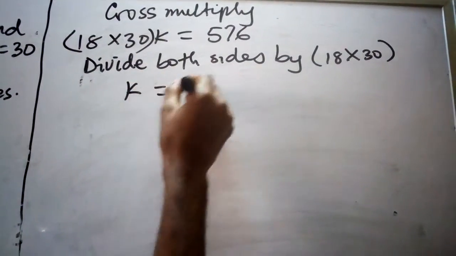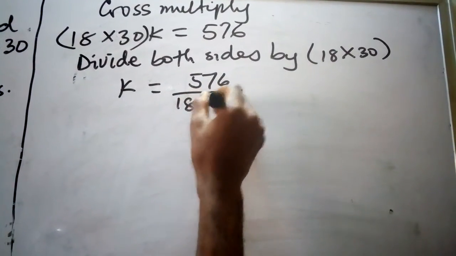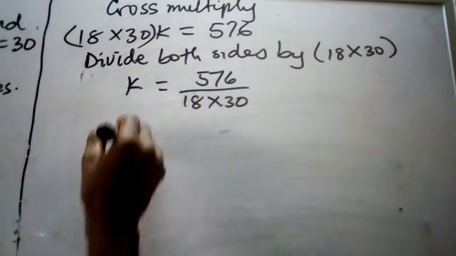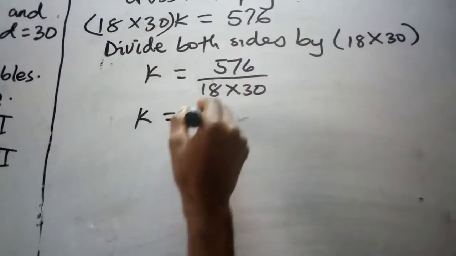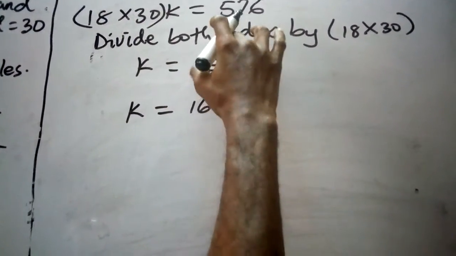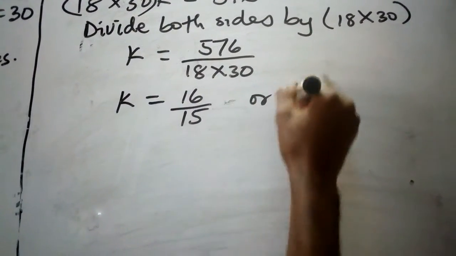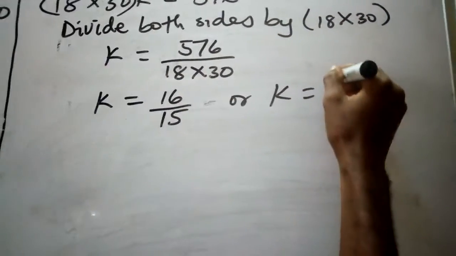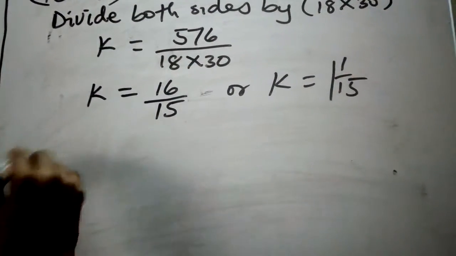So k alone will be 576 divided by 18 times 30. The value of k is 16 over 15, or k equals, in its lowest term, 1 and 1/15.